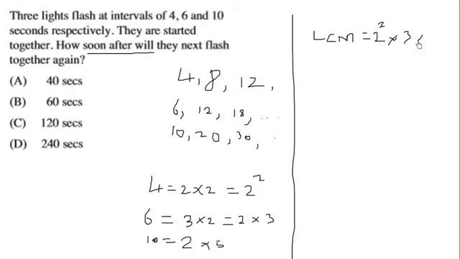So the LCM will be equal to 2 exponent 2 is 4, times 3 times 5. So this will be 12 times 5, which is 60. So that will be 60 seconds.